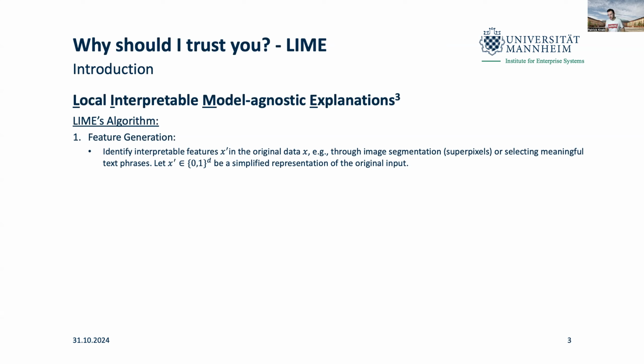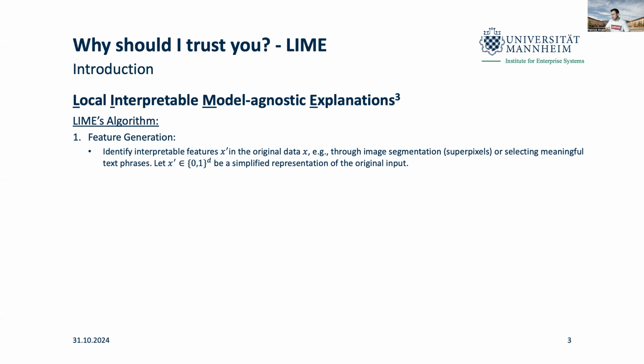So in the beginning, we have the feature generation process. And for the rest of this presentation, I will stick to images specifically. We have our image X, and we can either calculate the importance for each individual pixel, but that grows exponentially. So we are going to segment the image into similar segments.